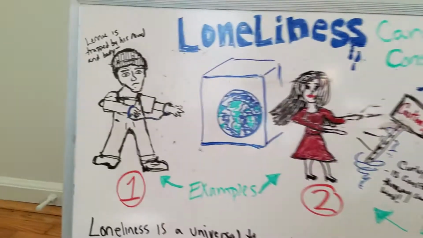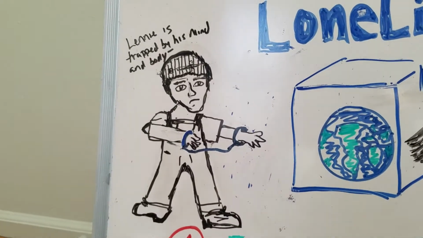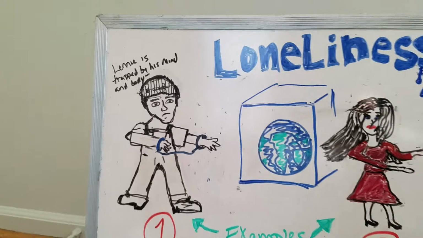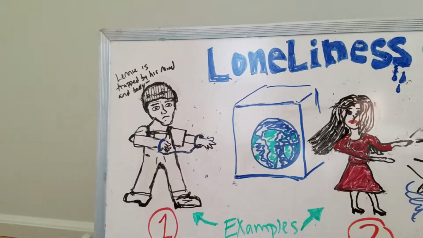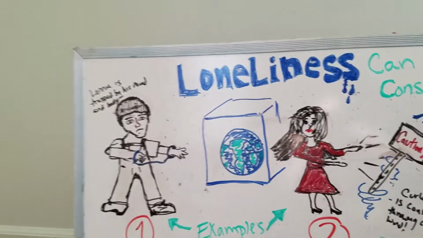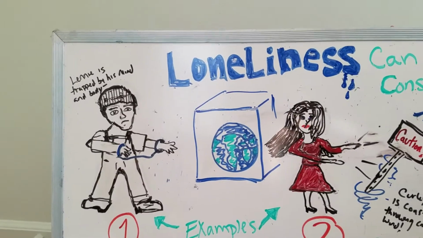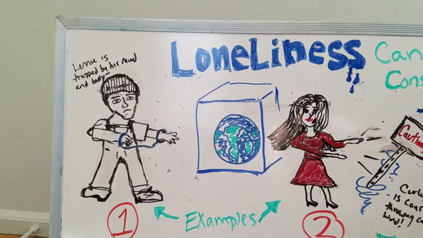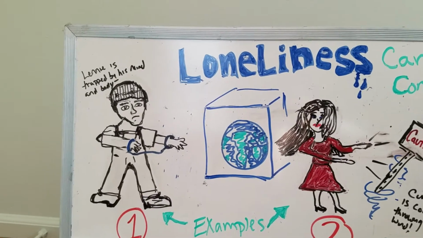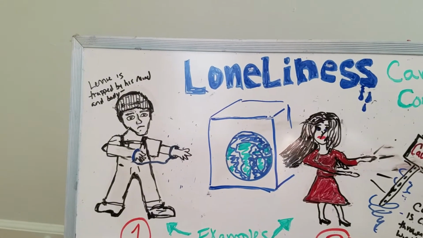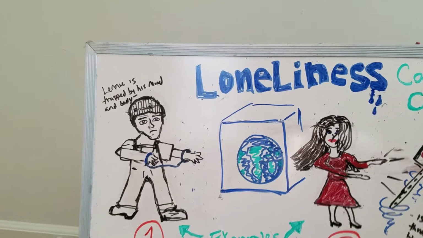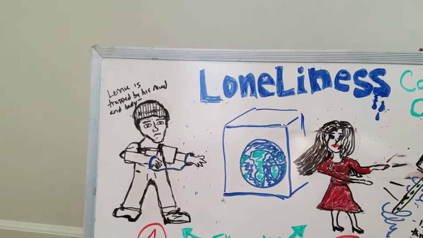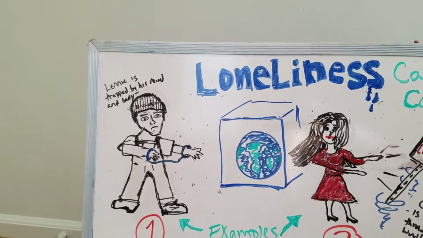So my first example is Lennie, and that Lennie is trapped by his mind and his body, and that he just can't reach people or the world. As you see, the world is in this clear box that he just can't get to, can't really connect with. And so he's shackled by his strength and trapped by his mind that doesn't let him relate.